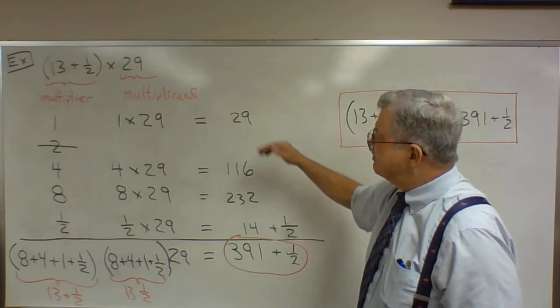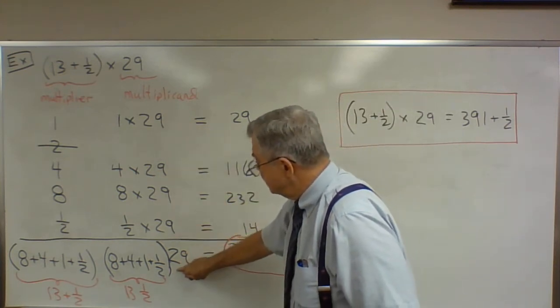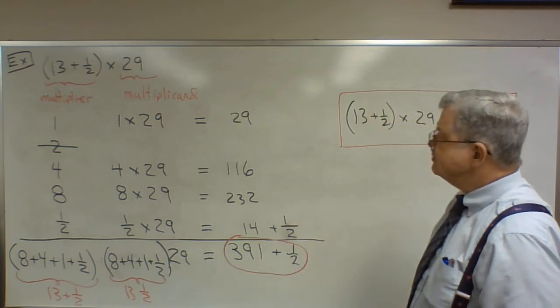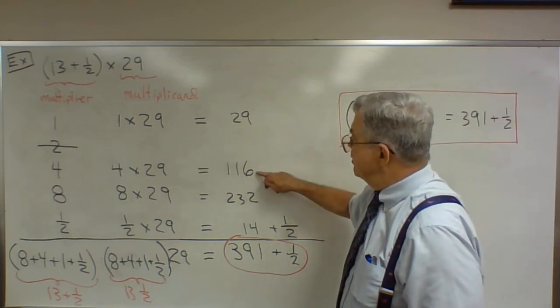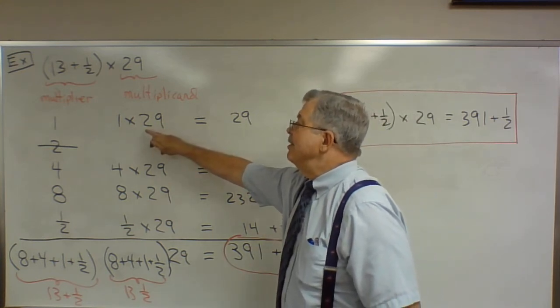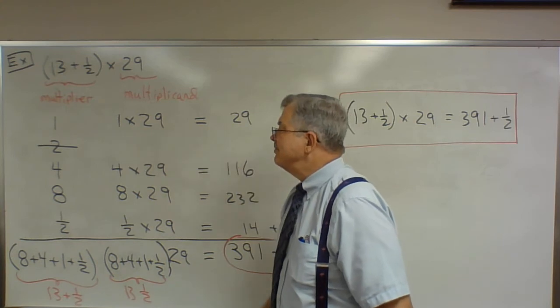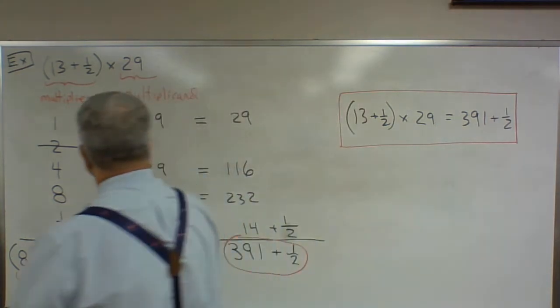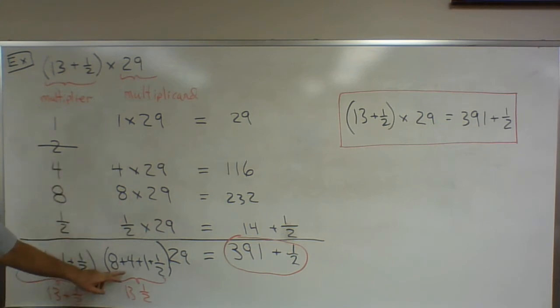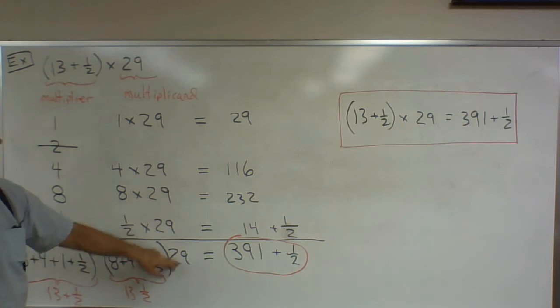And this sum is exactly the same as the sum of these things. These are the products of the terms that the multiplier is decomposed into with the multiplicand. And we're just adding all of these things up, and what we get is the multiplier times the multiplicand.